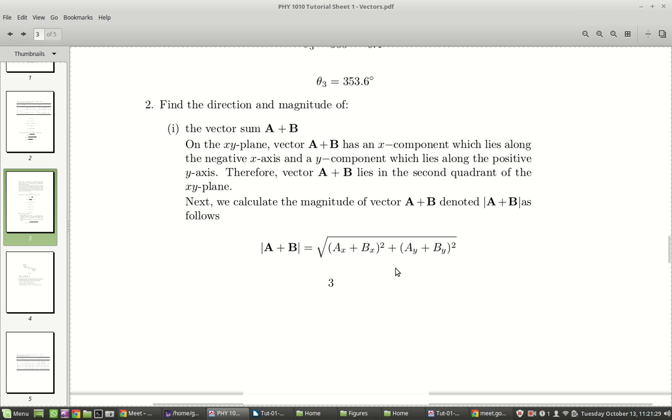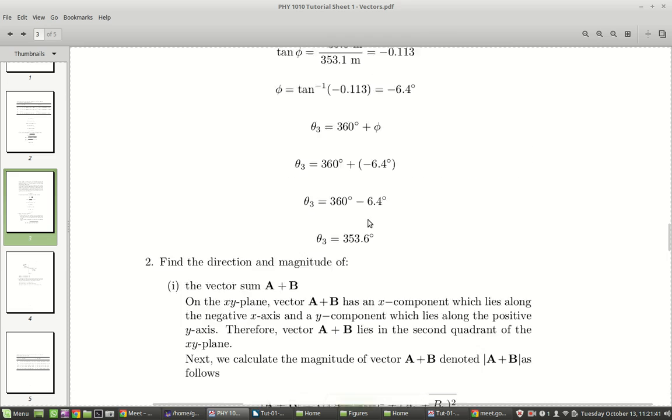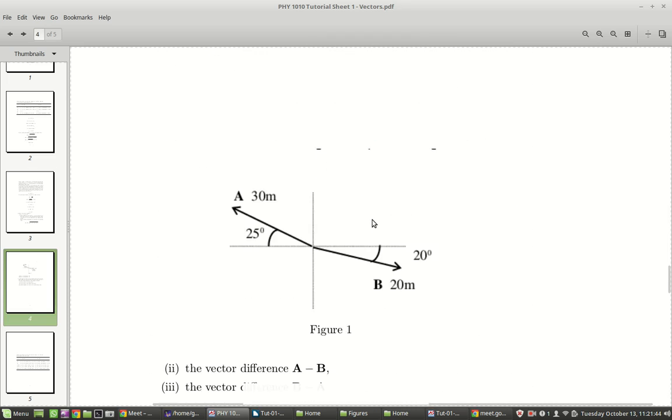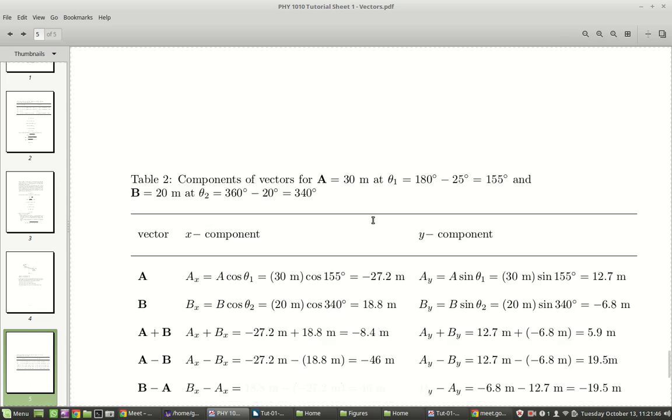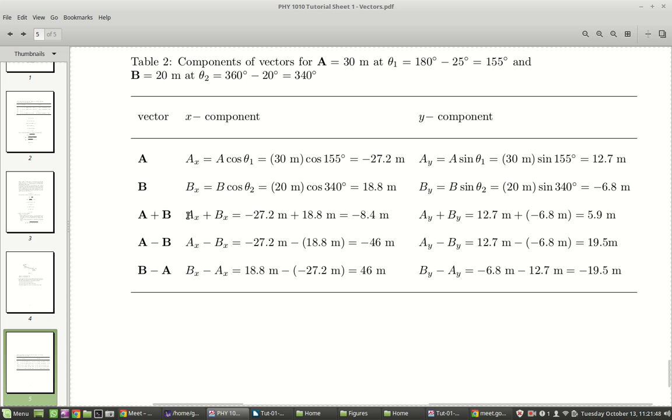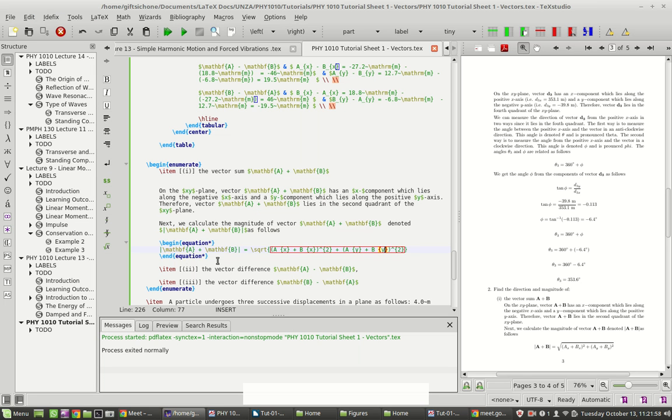So it's ax plus bx, the whole thing squared, plus ay plus by, the whole thing squared. We know these from our table. ax plus bx is minus 8.4. ay plus by is 5.9. So we substitute those values.